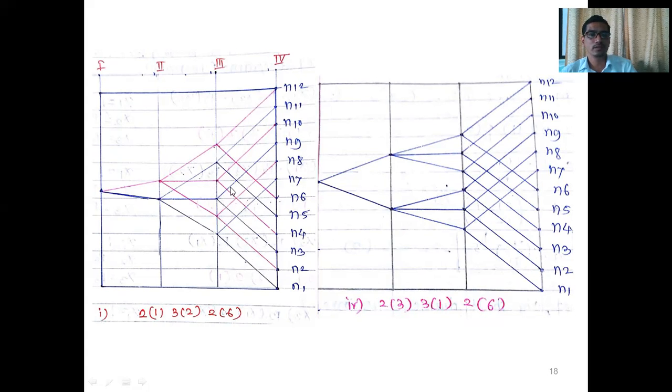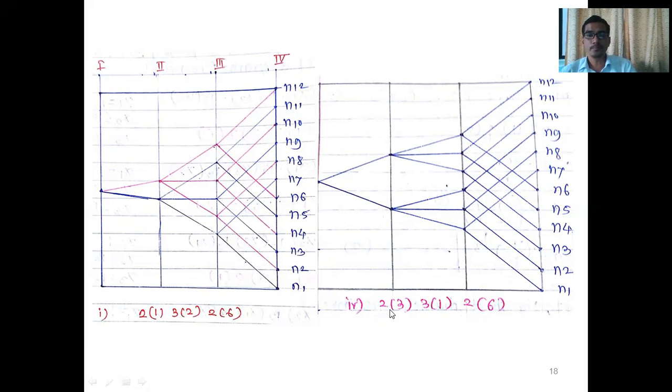For the third, N3 and N9. For this, N4 and N10. For this, N5 and N11. For this, N6 and N12. So you can observe all the nodes on the output shaft are covered from the input. This is the structural diagram for the structural formula 21, 32 and 26.